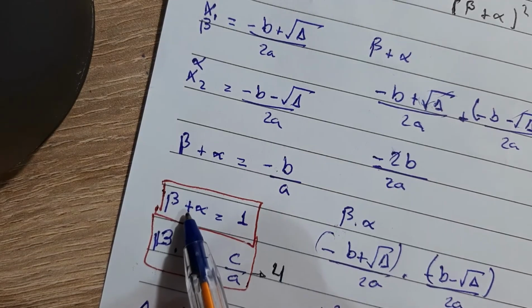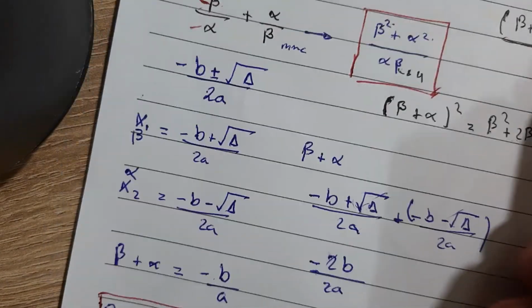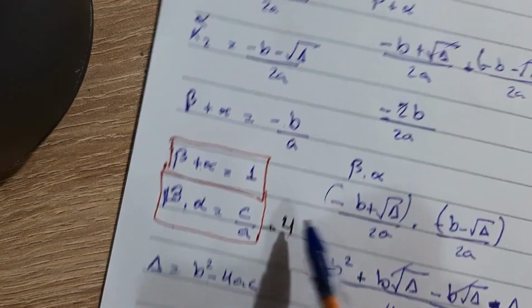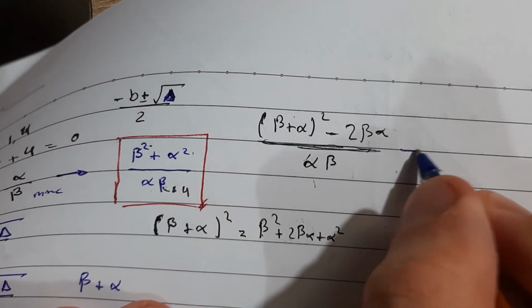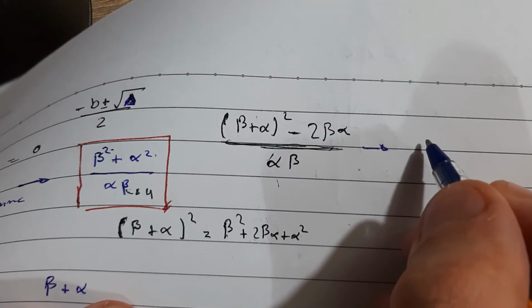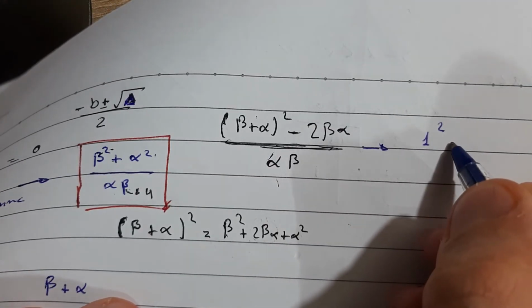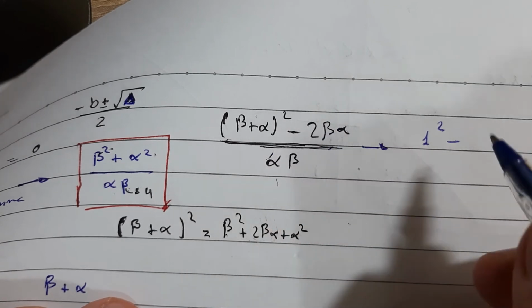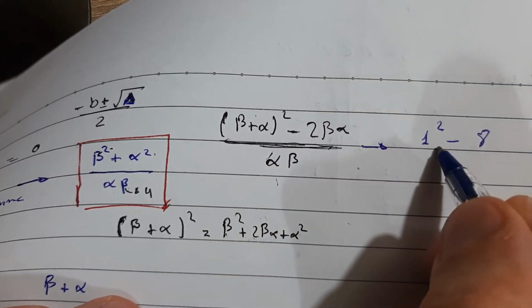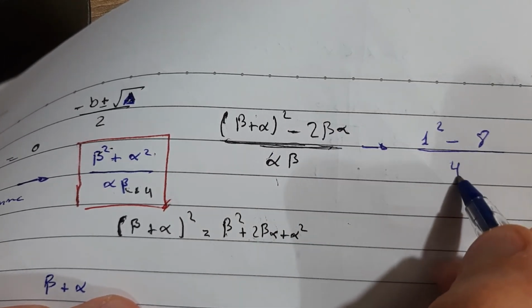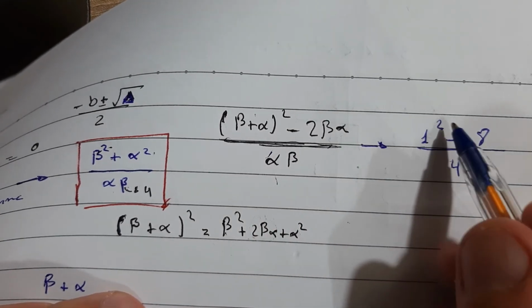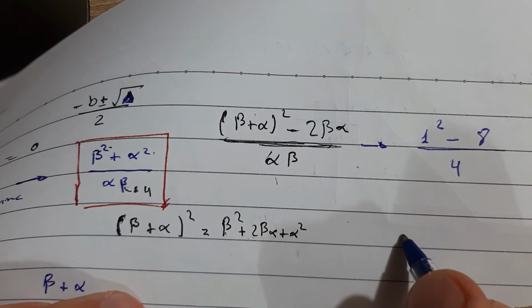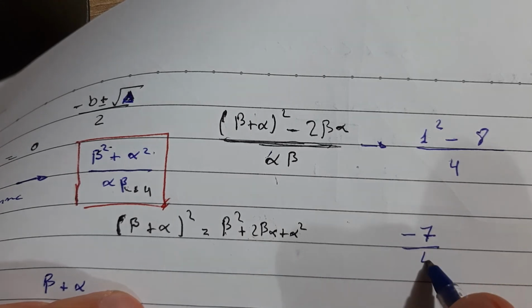Because beta plus alpha is 1, so here it is 1 squared, and beta versus alpha is 4, so it is all solved now. What do I mean by this? Well, this is 1 squared minus 2 times beta versus alpha, which is 4, so 2 versus 4 is 8, divided by 4. Alpha versus beta is 4, right? So 1 squared is 1, 1 minus 8 is minus 7, divided by 4.